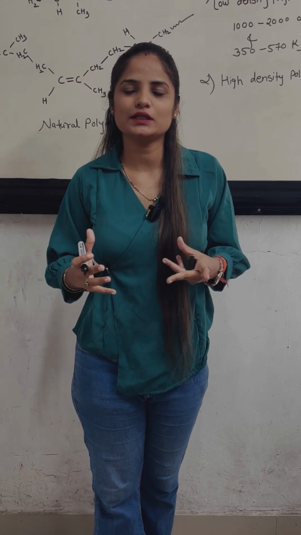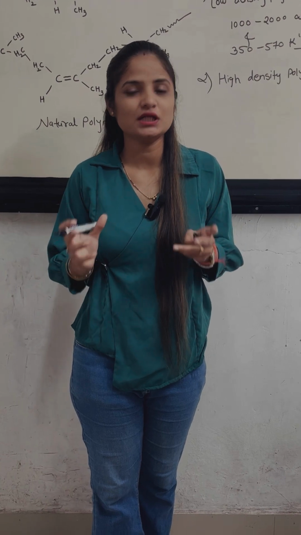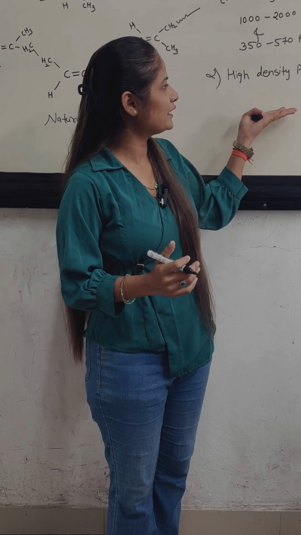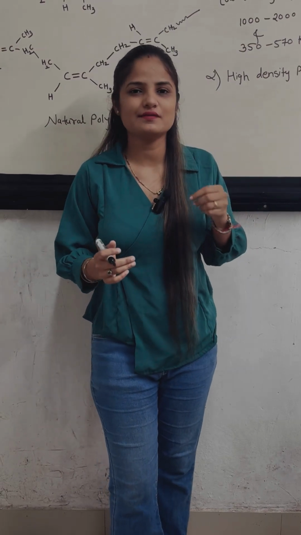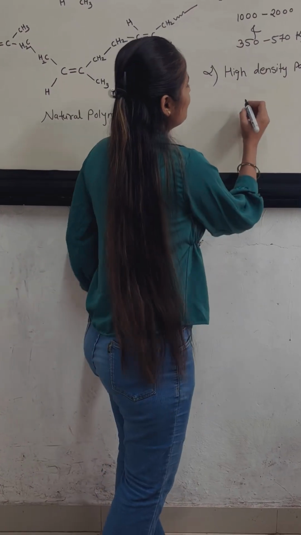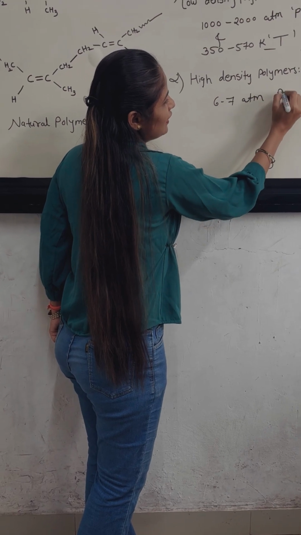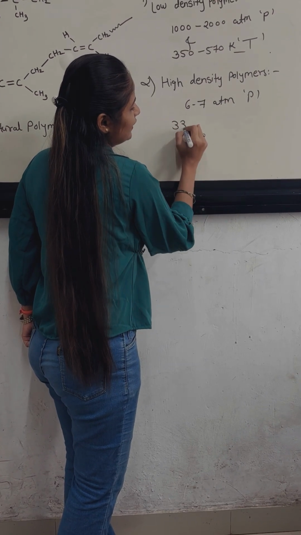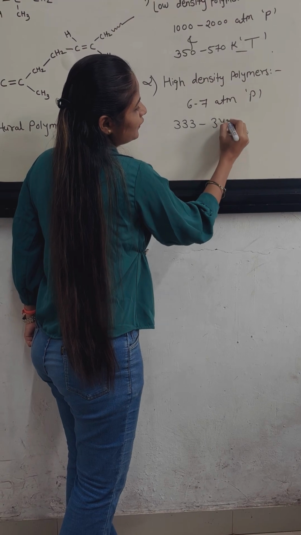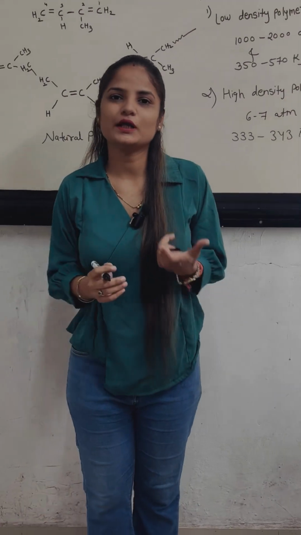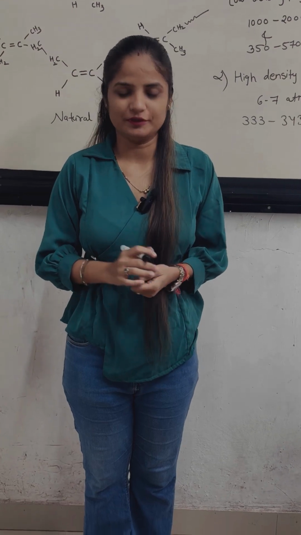They combine together and form one structure called the Ziegler-Natta catalyst, which is very effective in forming the high density polymer. So we have to use 6 to 7 atmospheric pressure and 333 to 343 Kelvin temperature. Okay. Then we get the high density polymer.